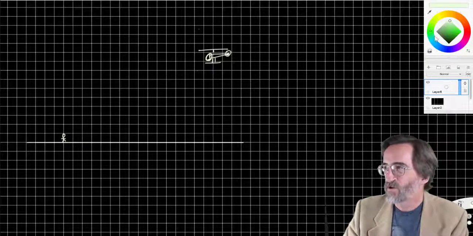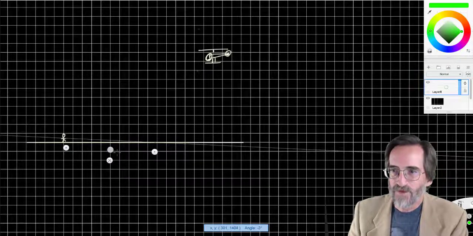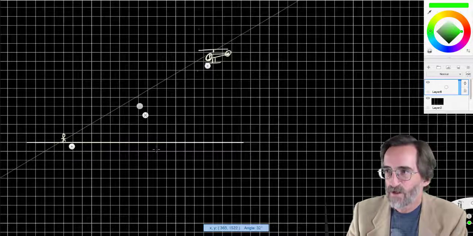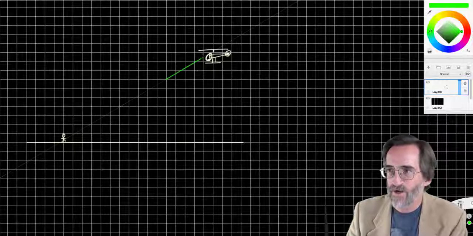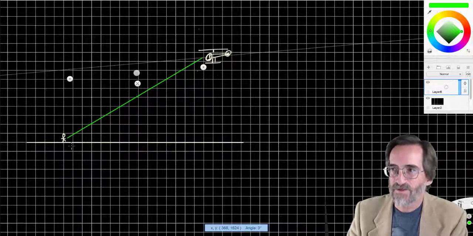Now, point of view is where we get angle of elevation and depression. From the helicopter pilot's point of view, the person on the ground is beneath him, below him. And so he is looking down at an angle of depression. So that's known as an angle of depression.